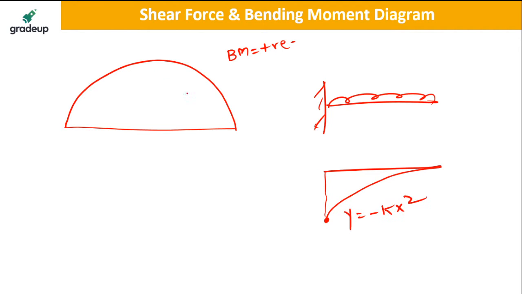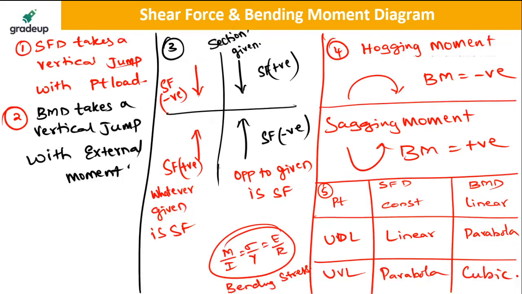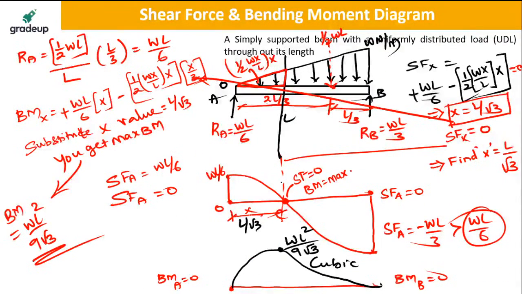Minus kx square, this is y is equal to kx square. X is the distance where the shear force is becoming 0, baby. Is it clear now? X is the distance where the shear force is becoming 0.